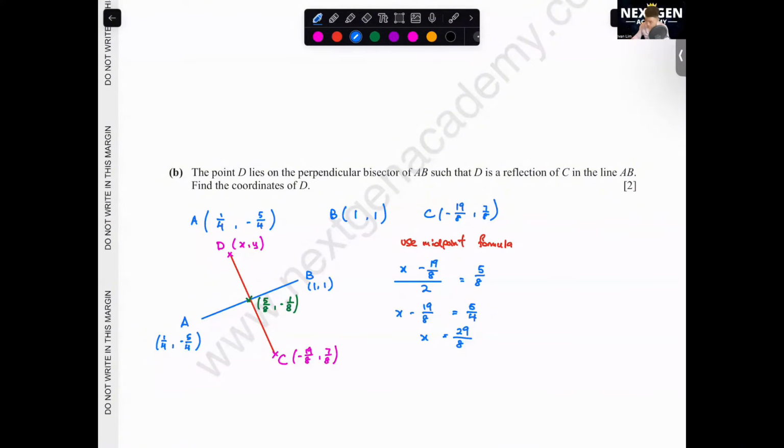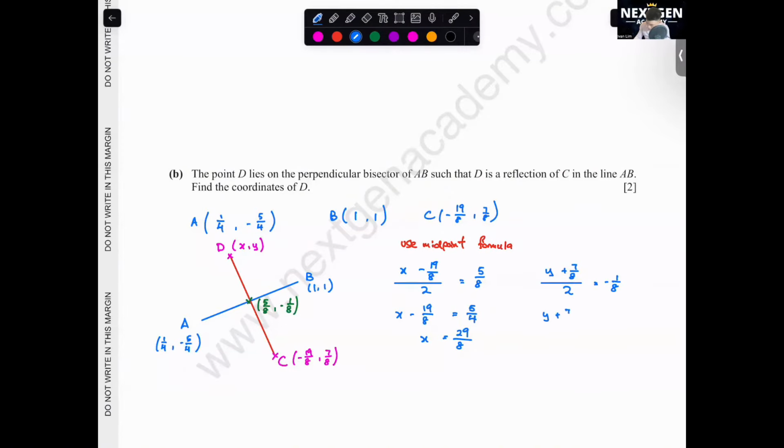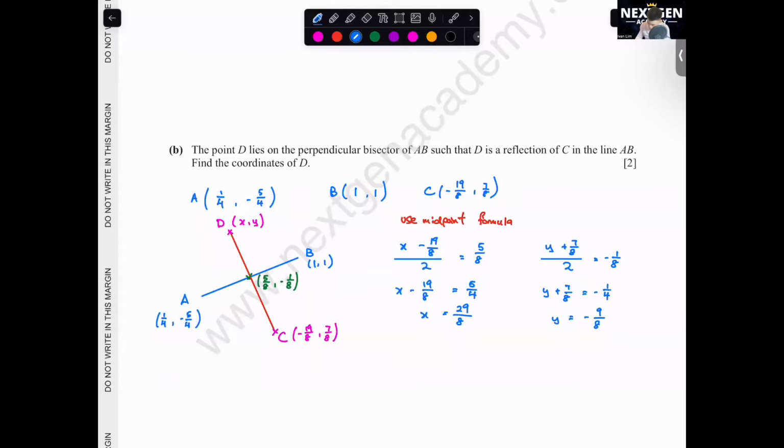The other one: y plus 7 over 8, over 2, is equal to negative 1 over 8. y plus 7 over 8 equals negative 1 over 4. y is equal to negative 9 over 8. So your answer D is equal to 29 over 8, negative 9 over 8.